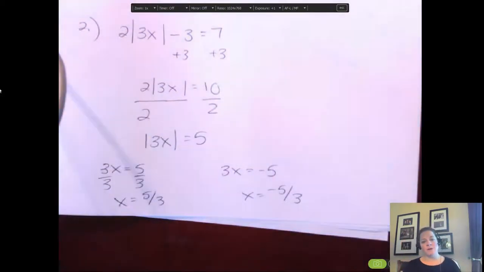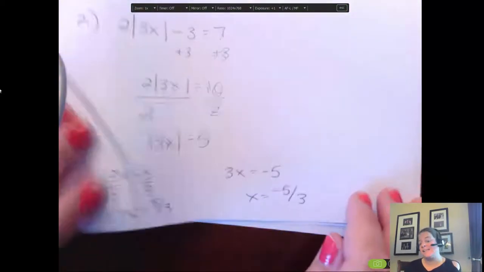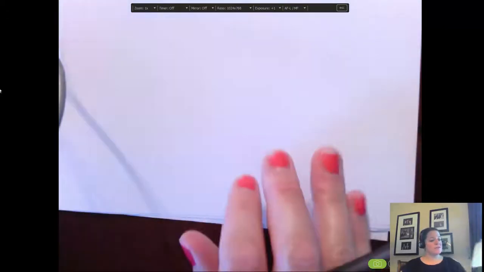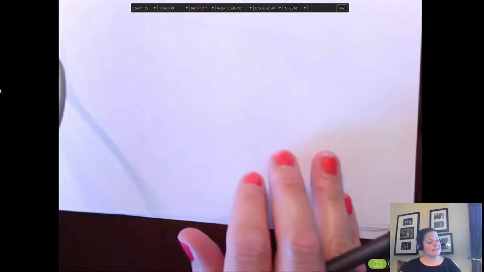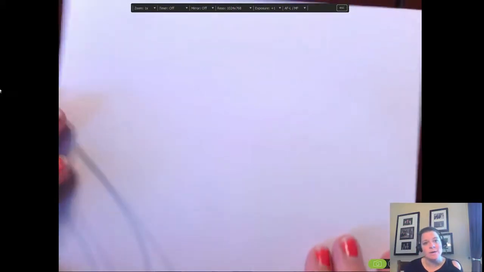Those are our two solutions for that one. So you could end up having to do a couple of steps to isolate your absolute value.